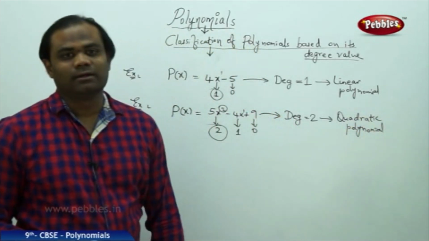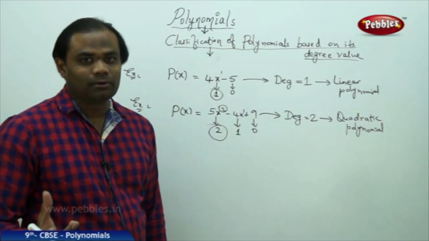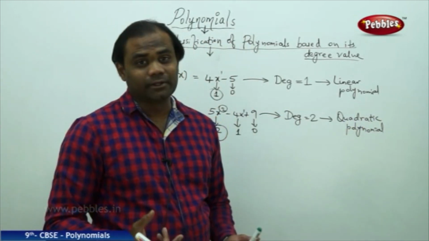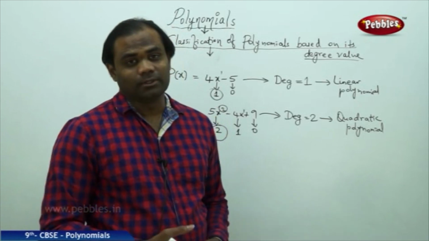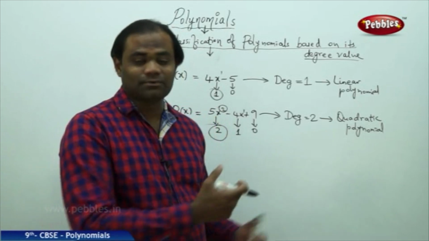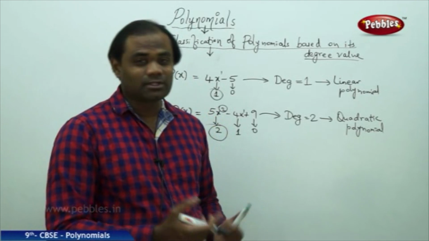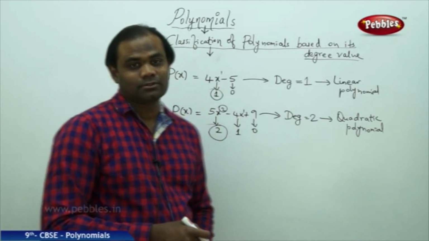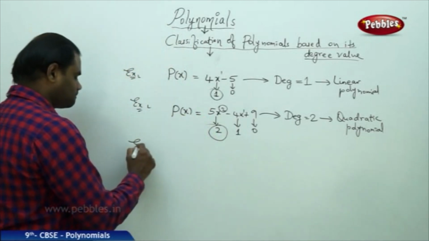This is how we define degree 1 as linear polynomial, degree 2 as quadratic polynomial, and what polynomial is degree 3 is what we are going to investigate next. So what is the name of the polynomial whose degree is 3? Let's take an example.